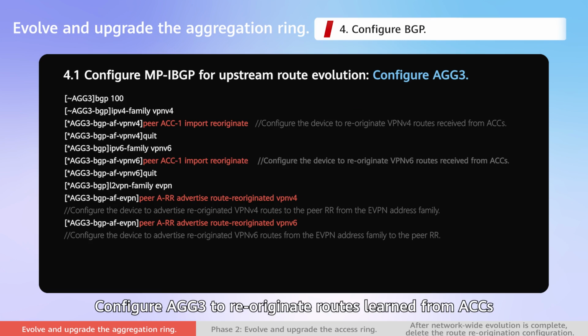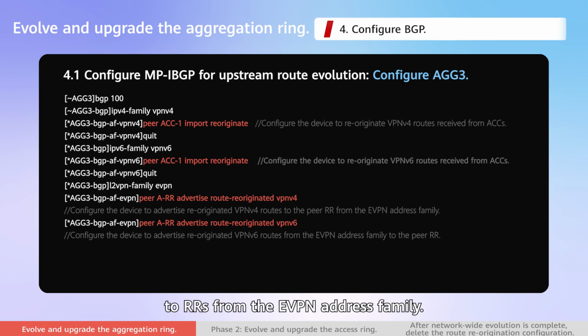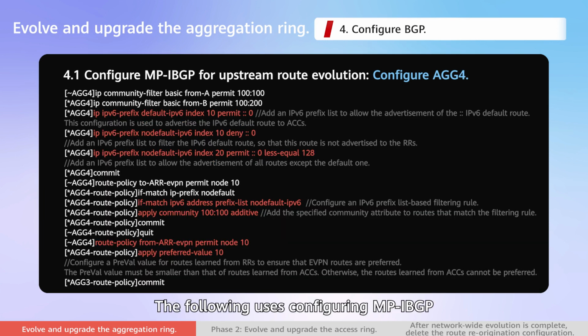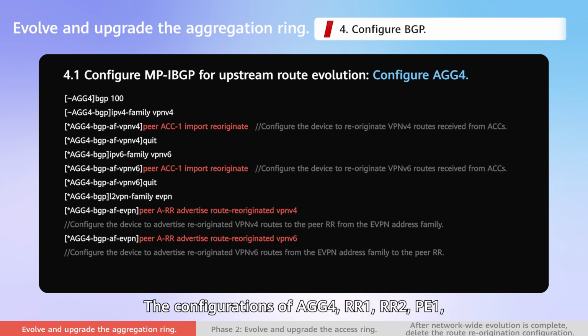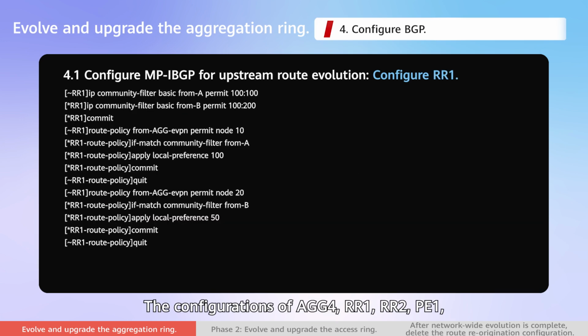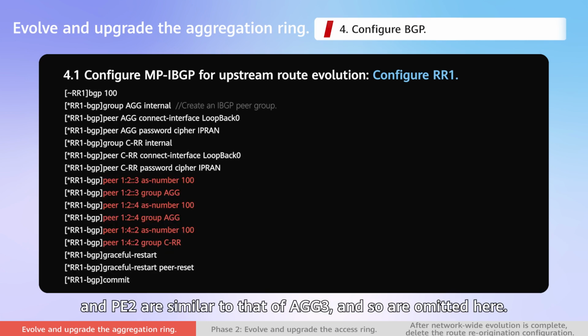Configure AGG3 to re-originate routes learned from ACCs in the BGP VPNv4 address family and advertise re-originated routes to RRs from the EVPN address family. The following uses configuring MP-BGP for upstream route evolution on AGG3 as an example. The configurations of AGG4, RR1, RR2, P1, and P2 are similar to that of AGG3, and so are omitted here.